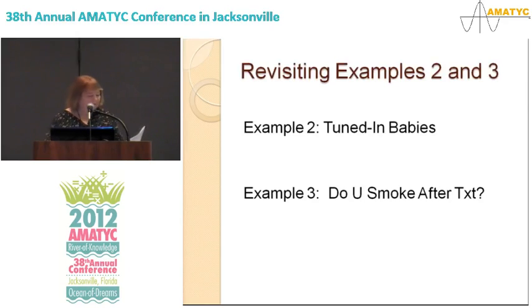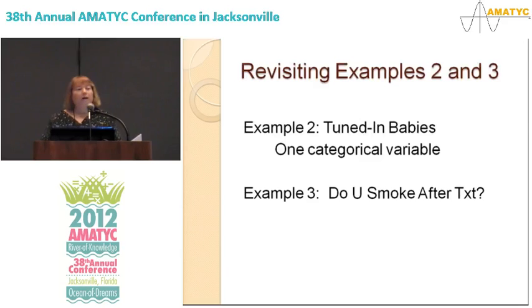I think I cut off this sentence a little too early, but what they did is they asked each parent, does your child have a TV in the bedroom? So here, how would you answer? Is that categorical data or numerical data? Categorical data, and in this particular instance they really just have one variable. Do you have a TV in the bedroom or not? So I'd want students here to say there's one categorical variable.